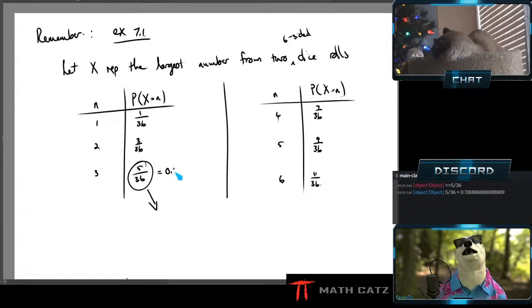I can write 0.1389 rounded, or I can write 13.89%. I round the decimal version to 4 decimals so that when I make it a percentage, I have at least 2 decimals. So whichever one you look at, it's the probability that 3 is the largest number.